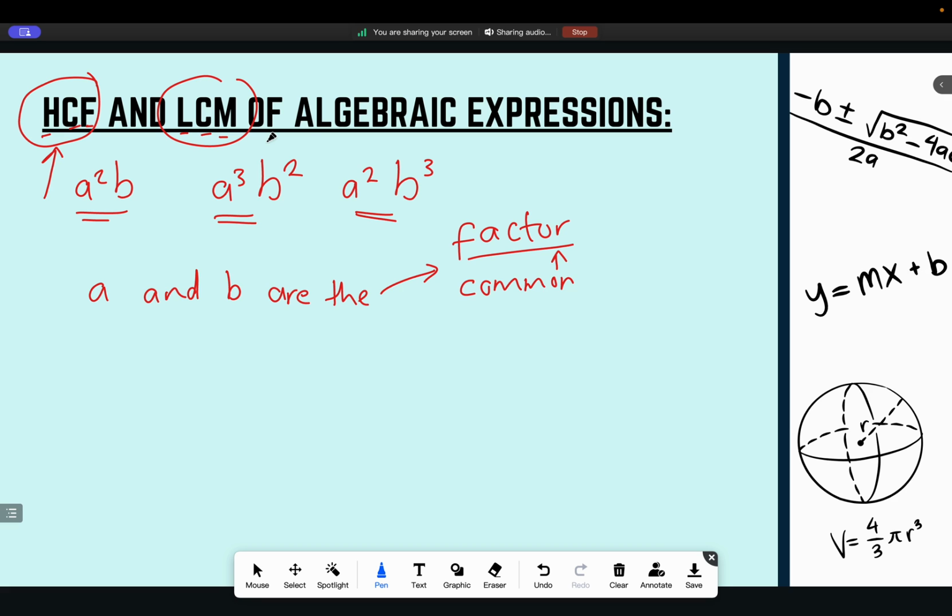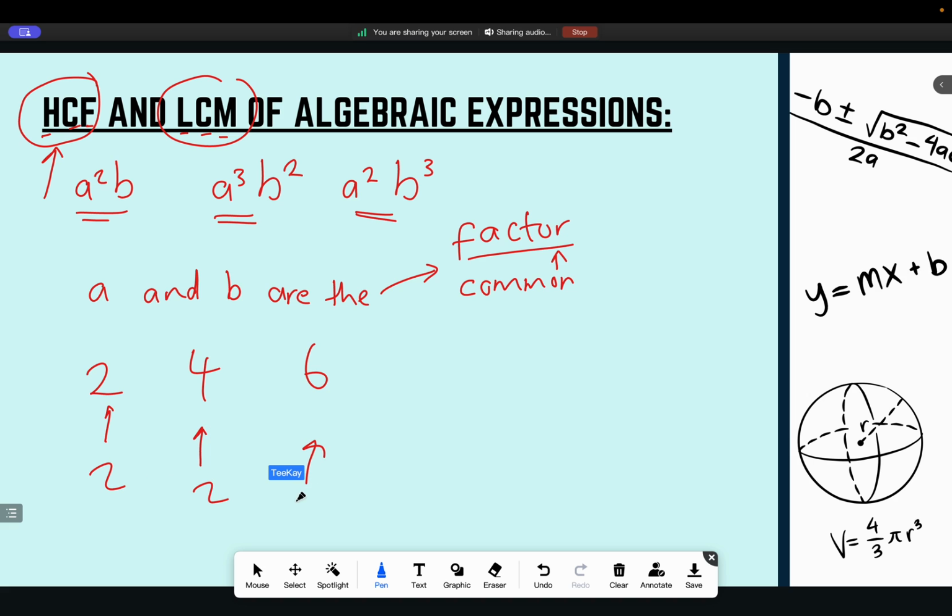When we had numbers, let's say 2, 4, and 6, and wanted to find the highest common factor, what we did is divide each by 2.